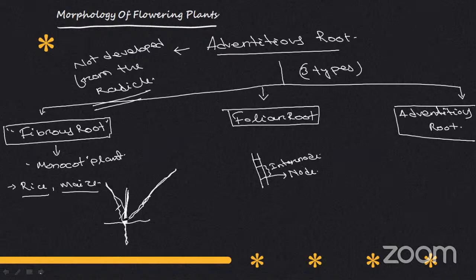So what happens in case of your monocot plant? In case of your monocot plant, some roots develop from the lowermost node of the stem.